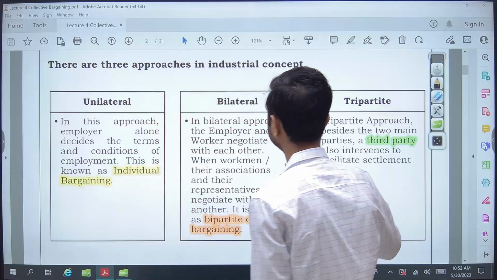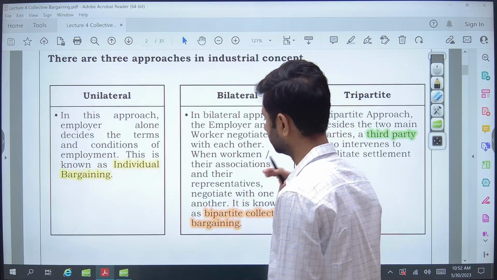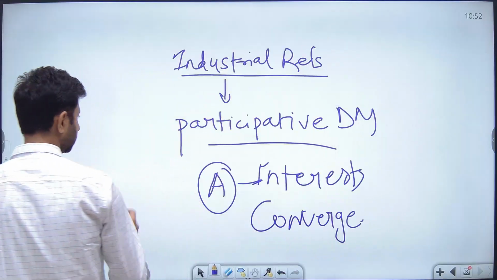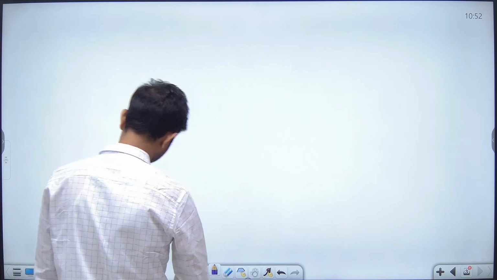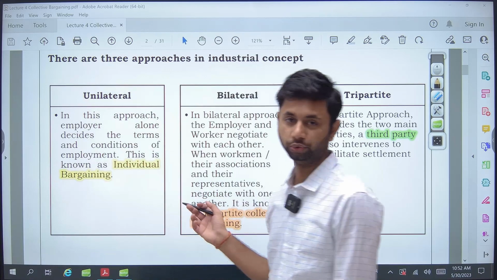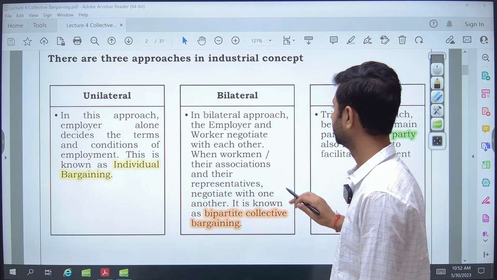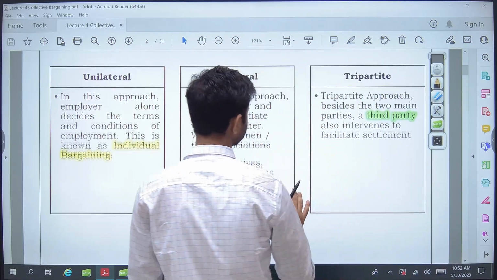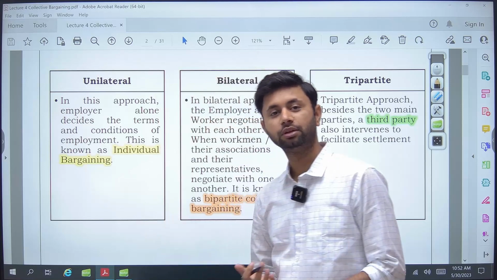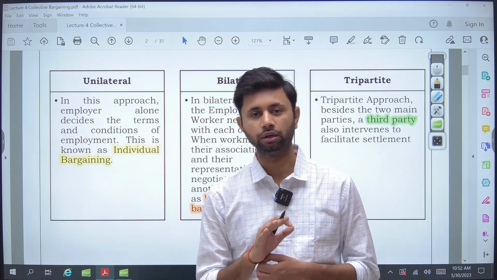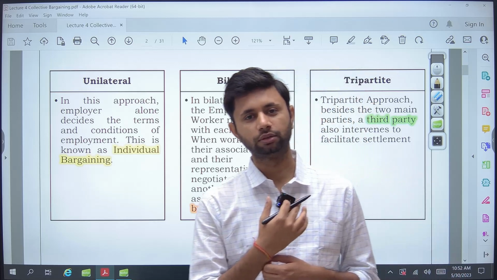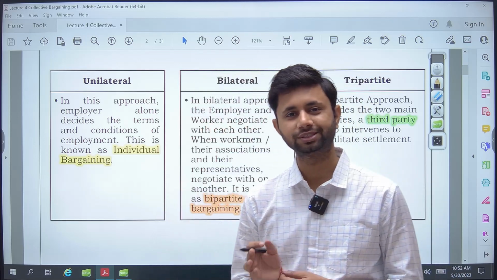Here we are talking about three approaches. So what are these three approaches? Just have a look: unilateral, bilateral, and tripartite. Based on the names, you can tell that we are talking about something like one party, two party, three party. So the concept is similar.